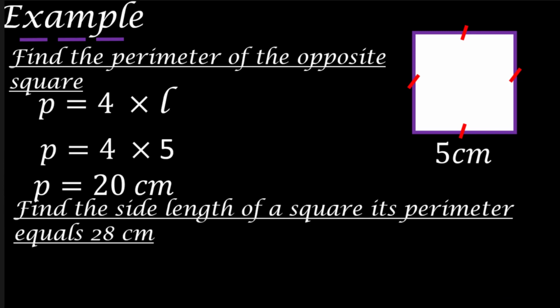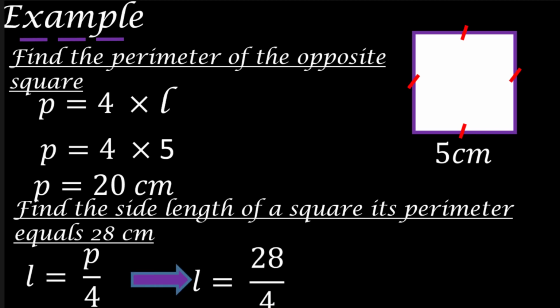But now it says find the side length of a square whose perimeter equals 28 centimeter. To find its side length, we just divide the perimeter by 4. L equals P divided by 4, so L equals 28 divided by 4 equals what? Yes, equals 7 centimeter. So its side length equals 7 centimeter.